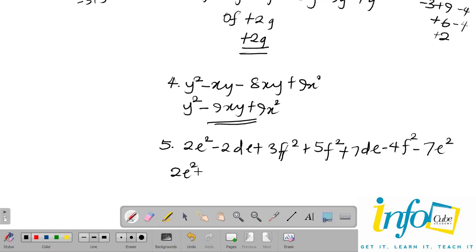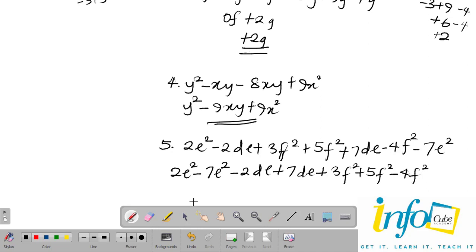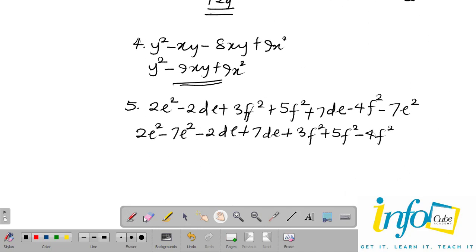Then we have a like term here, which is minus 7e squared. Then we have minus 2de, and a like term there, which is plus 7de. Then we have plus 3f squared plus 5f squared and minus 4f squared.